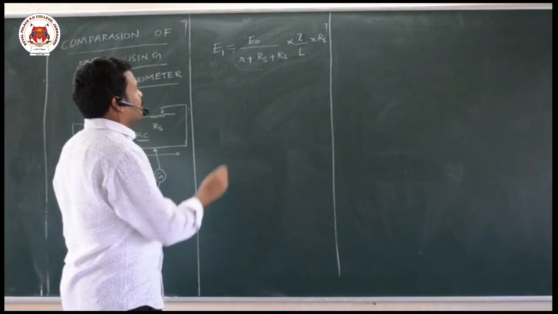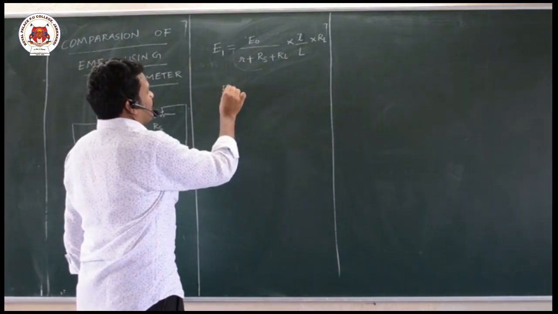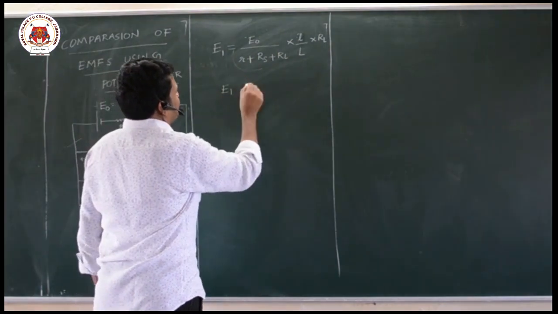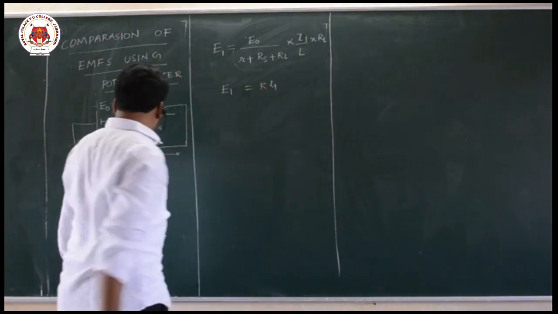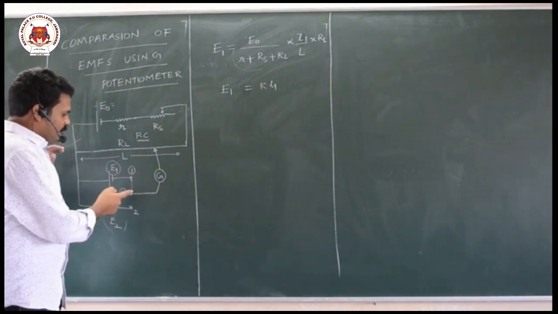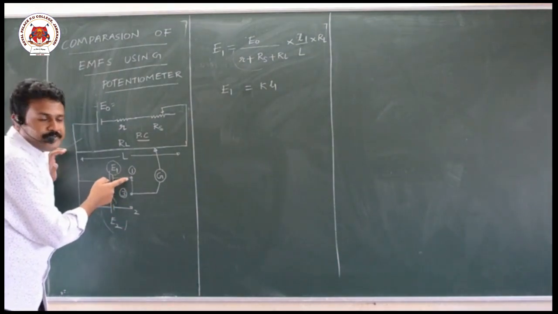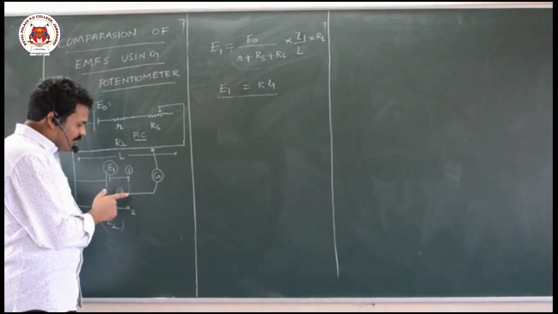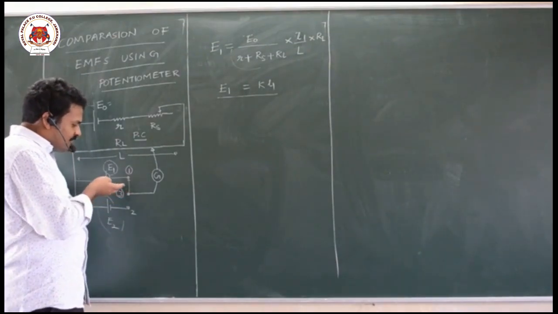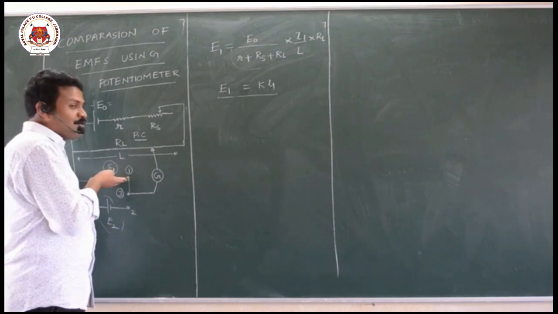Now E1 is proportional to the balancing length; already written, E1 is equal to K into L1. When you connect 3 with 1, you get the first balancing length. The second time I will connect 3 with 2, then this circuit will be closed and the other will be open.